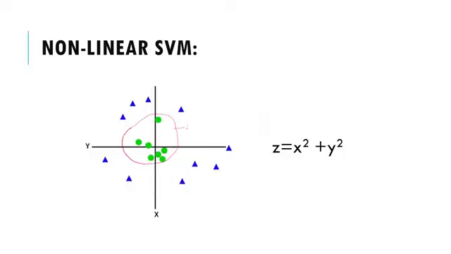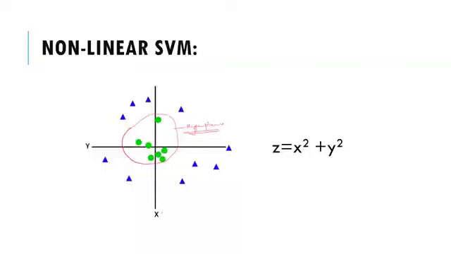Now, this would be your hyperplane, which can divide these two categories properly. So how can this particular kind of hyperplane be identified? For that, SVM will try to transform this data so that it can become linearly separable.